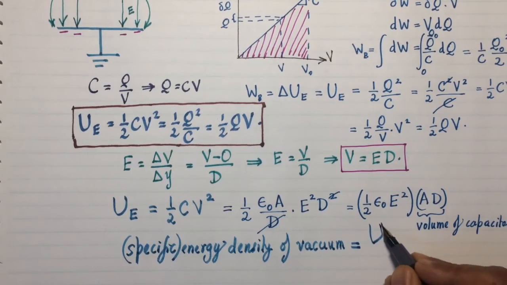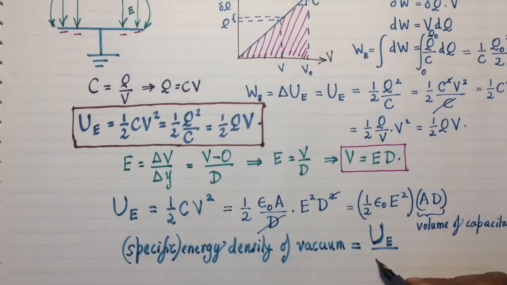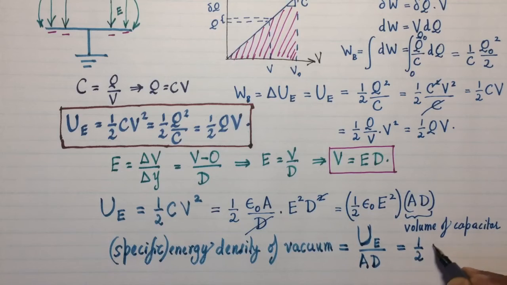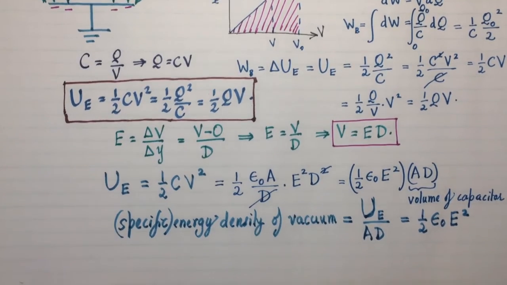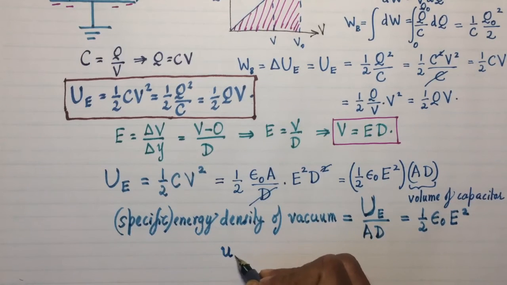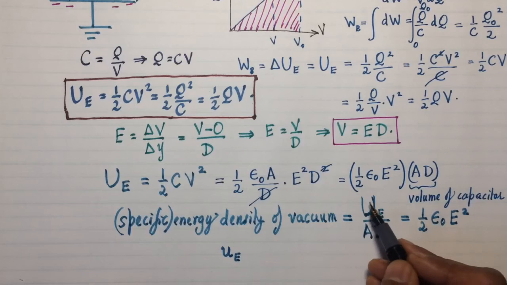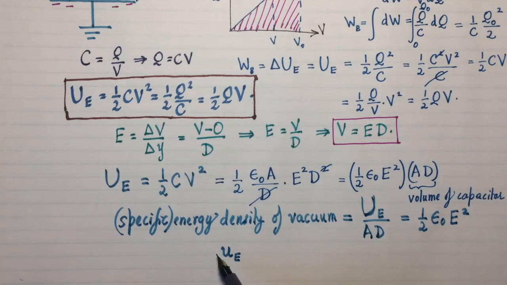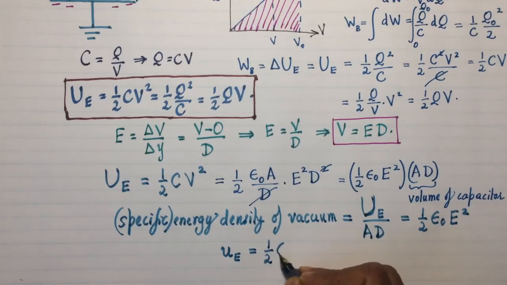And that's going to be U sub E divided by the volume of the capacitor, or A times D, and we get this expression 1/2 epsilon naught E squared. That's a very important expression. The energy density of vacuum has got the symbol little u. If that is uppercase U, that's lowercase u. Lowercase u equals 1/2 epsilon naught E squared.